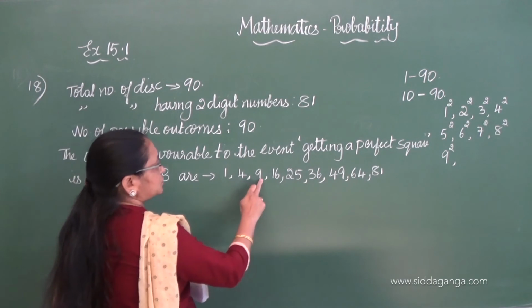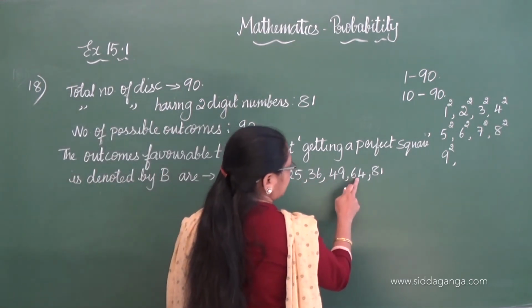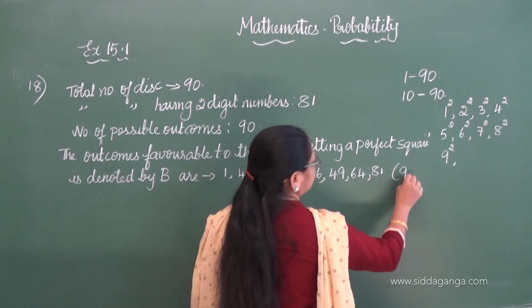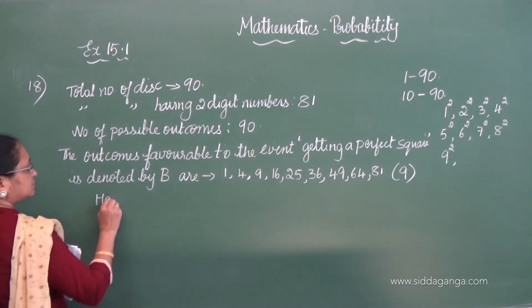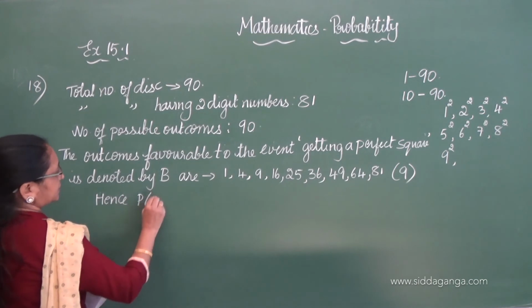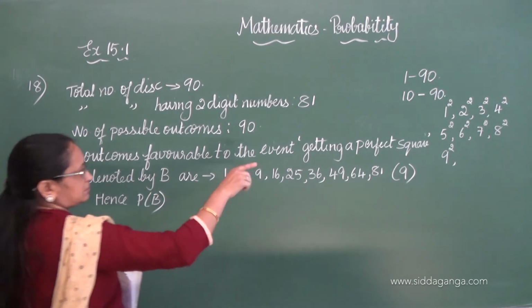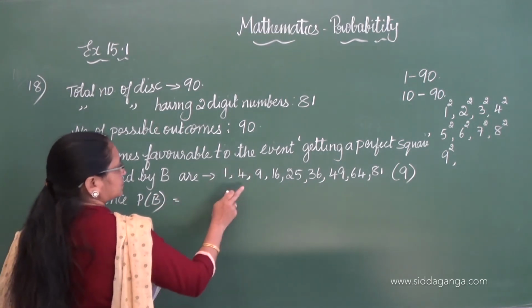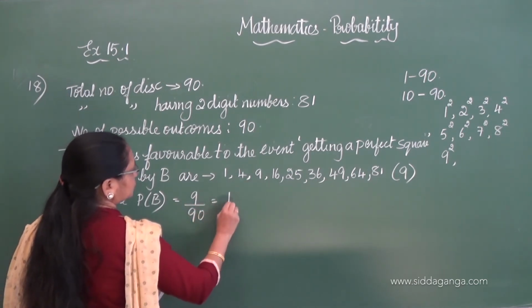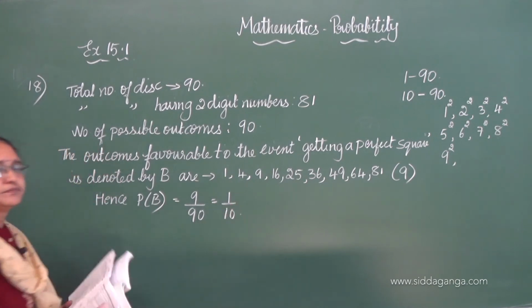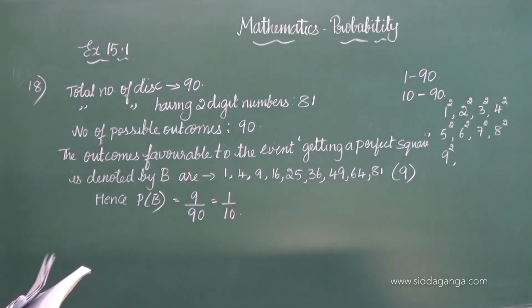So, 1, 2, 3, 4, 5, 6, 7, 8, 9. Therefore, how many? 9 are there. Hence, the probability of getting a perfect square is how many? 9 by 90, that is 1 by 10.